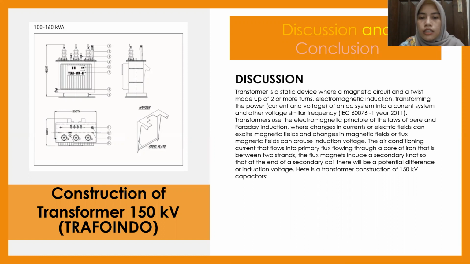The alternating current that flows in the primary produces flux flowing through a core of iron that is between two windings.